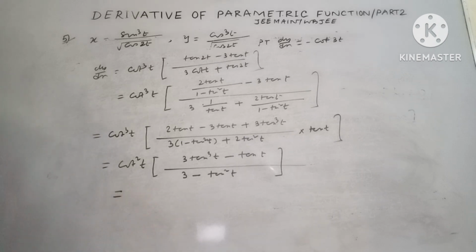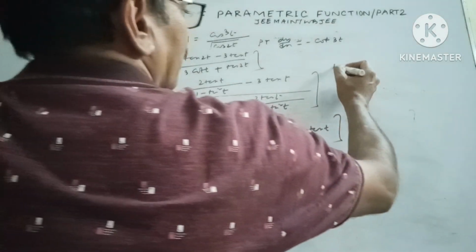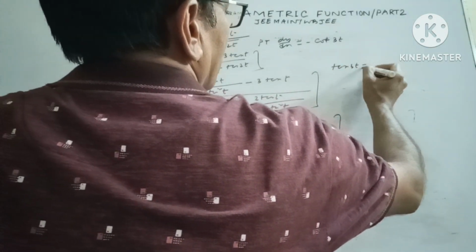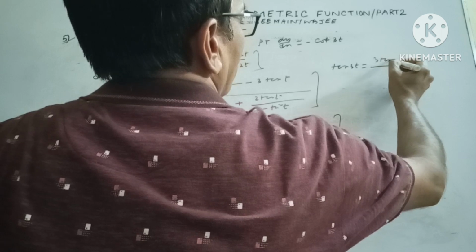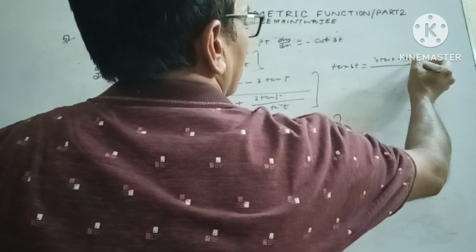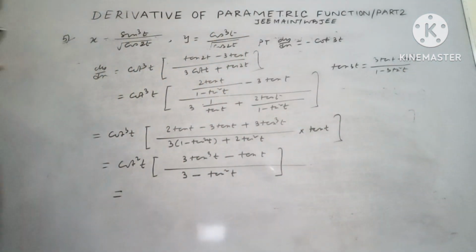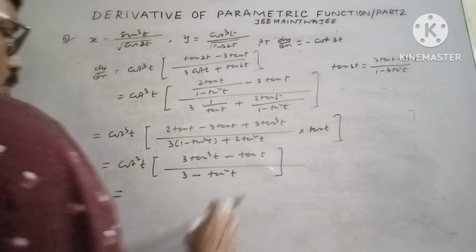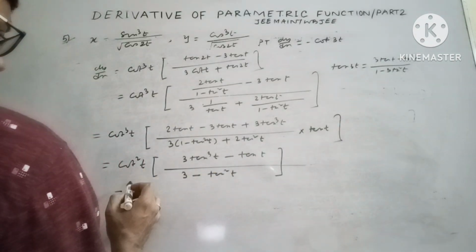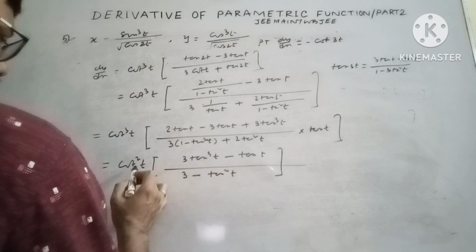So what is tan 3t? tan 3t is 3 tan t minus tan cube t divided by 1 minus 3 tan square t. So 1 tan t is common, so it will cancel.